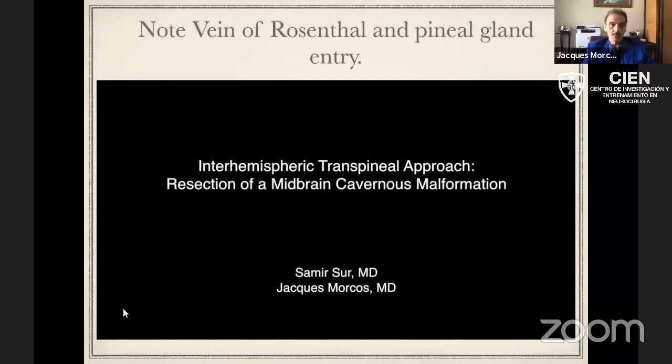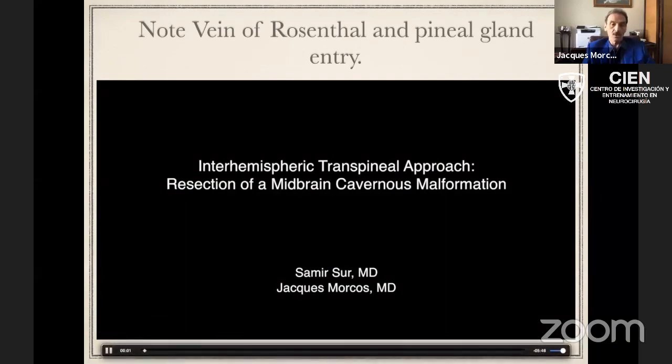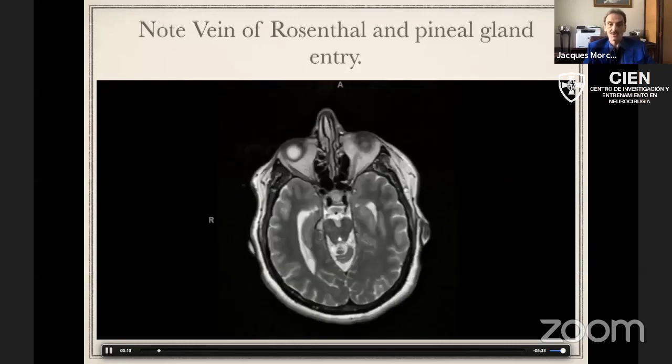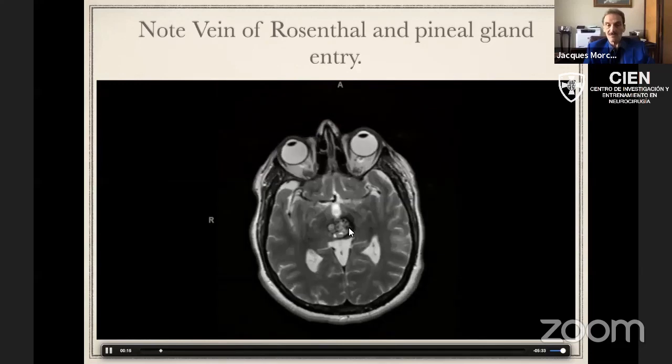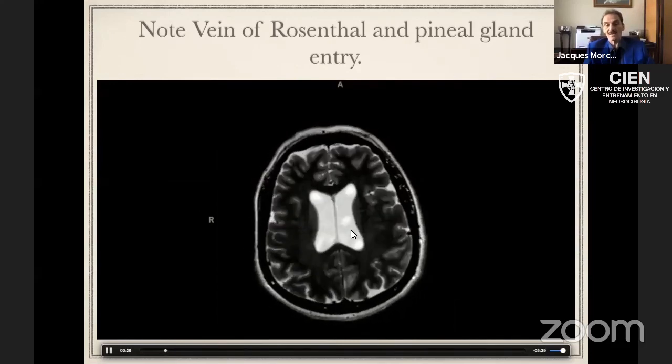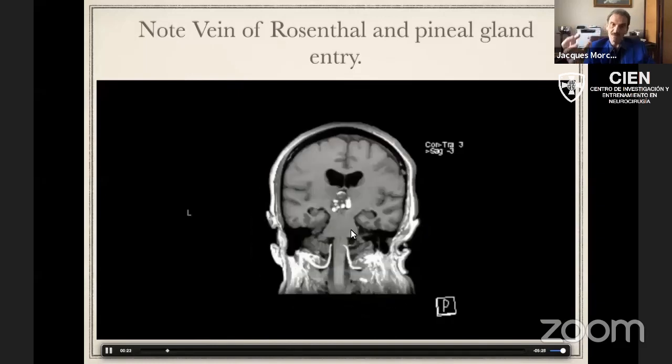I will show you the video of this. I want you to see in the video where the vein of Rosenthal is and how I enter the pineal gland to get to the lesion. I showed you the history. Let me show you. Here is a cavernoma. Can you imagine giving radiosurgery to this massive cavernoma in the middle of the brainstem?